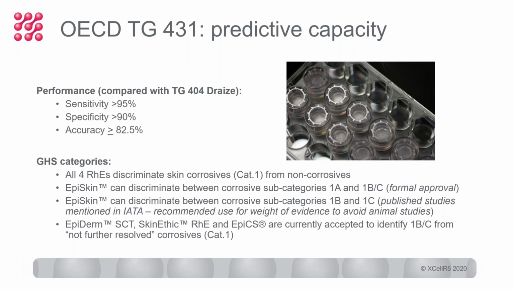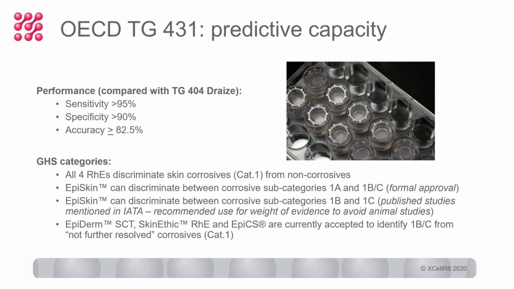And so if we think about the performance of this in vitro test, these figures were generated from the EpiSkin skin model, which was the first one to be validated, and compared with the traditional Draize test. And we'll look at these together when we look at the other methods at the end of the presentation.